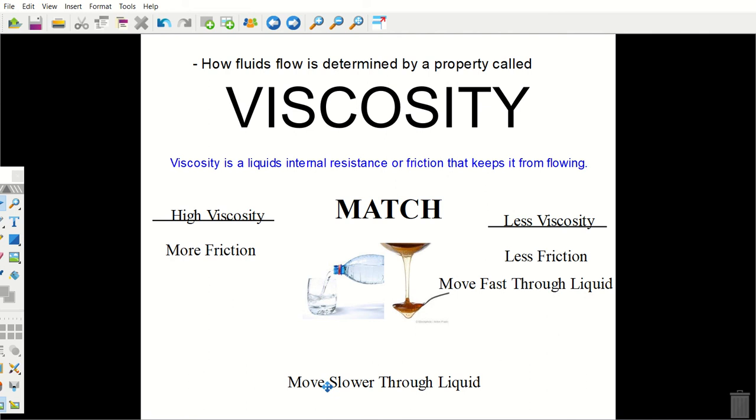However, if there's a lot of internal resistance and friction within that liquid, things would move more slowly through it. So it would have a higher viscosity. High viscosity is equated to more internal resistance or friction, or thicker. Lower viscosity is equated to less internal resistance or friction, or not quite as thick.